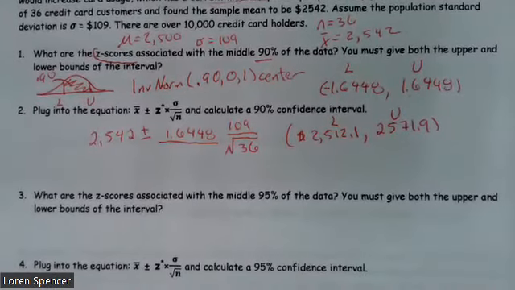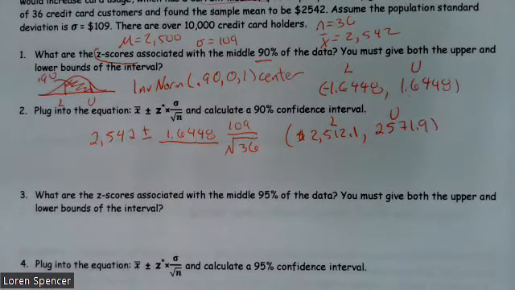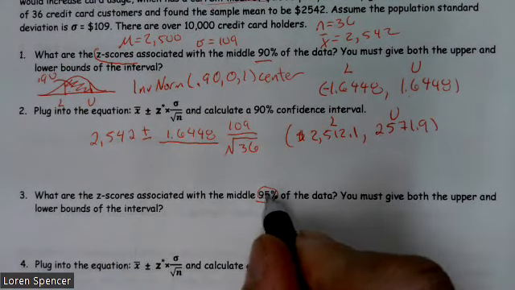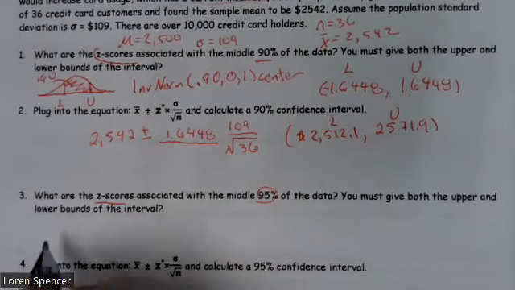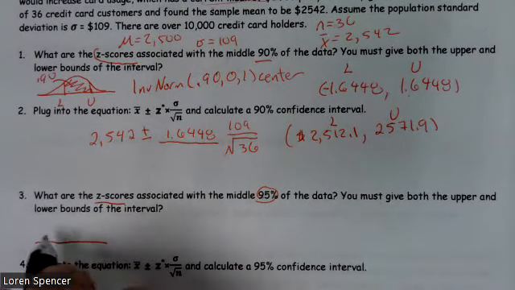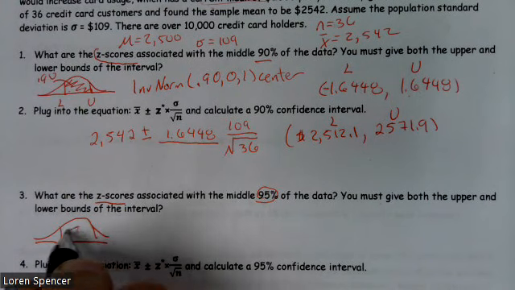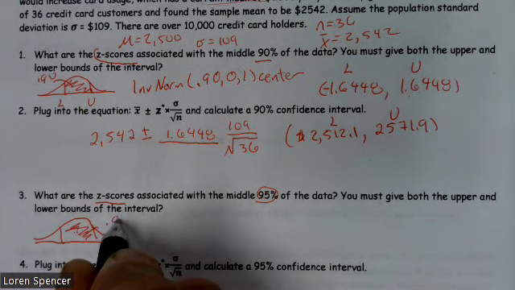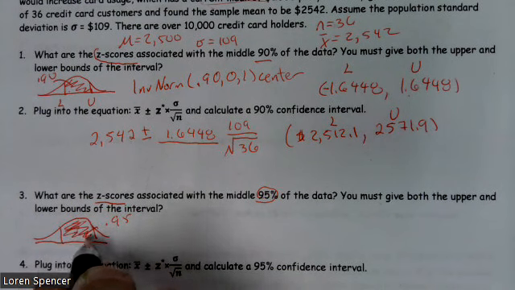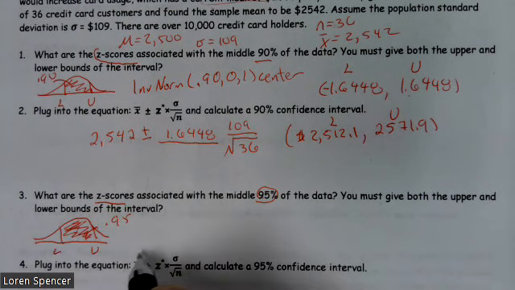What are the z-scores associated with the middle 95%? Once again, since they're asking for a z-score and they give us a percent, we're going to the inverse norm. This area right here will be 0.95, and we're looking for a lower and an upper.